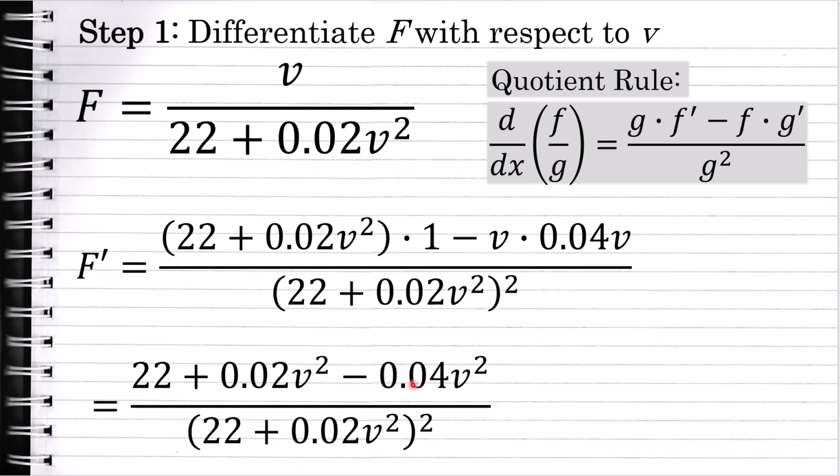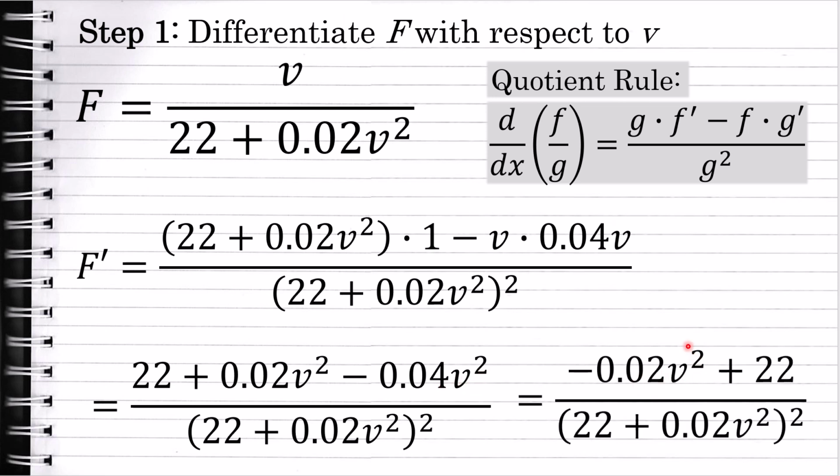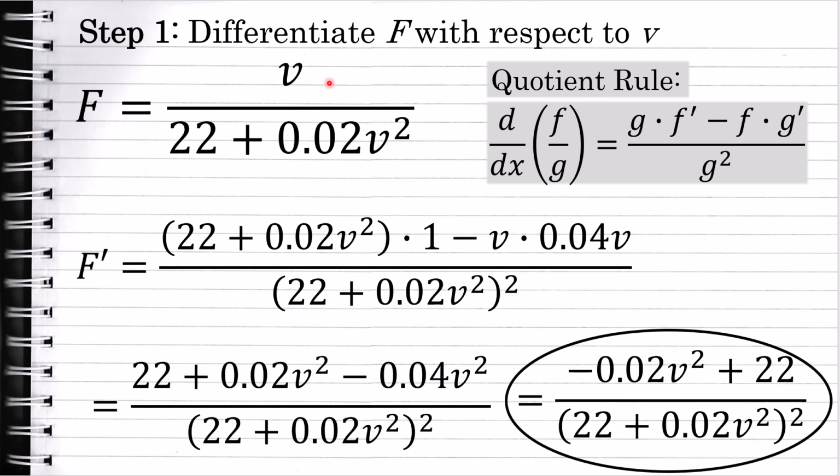The last thing to do to simplify this derivative is combine like terms. The last two terms are both V squared terms. So 0.02 V squared positive minus 0.04 V squared is negative 0.02 V squared. I wrote that first, and I wrote the positive 22 term second in the numerator. And this is a simplified version of the derivative of F with respect to V.